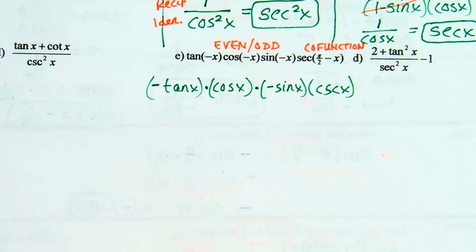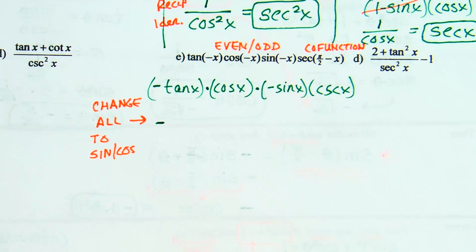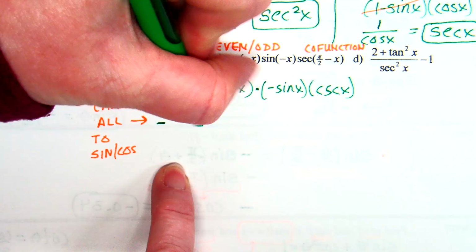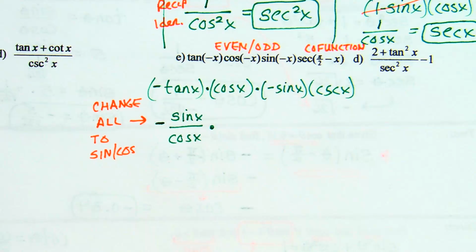Tangent in terms of sine and cosine is sine over cosine according to our quotient identity. What is cosine as a fraction? Cosine over 1. I'm just doing that because you can see where we're looking for fractions. What is negative sine as a fraction? Negative sine x over 1.